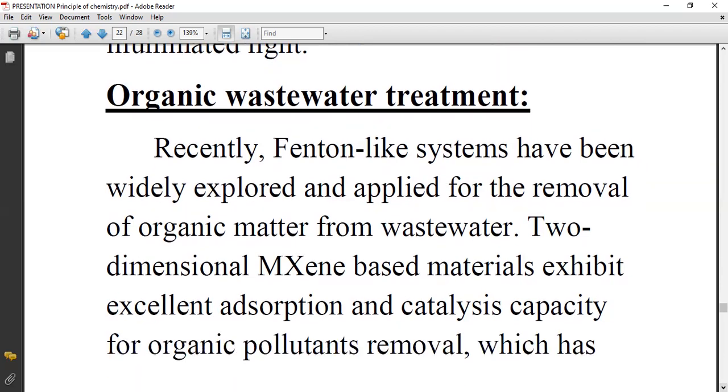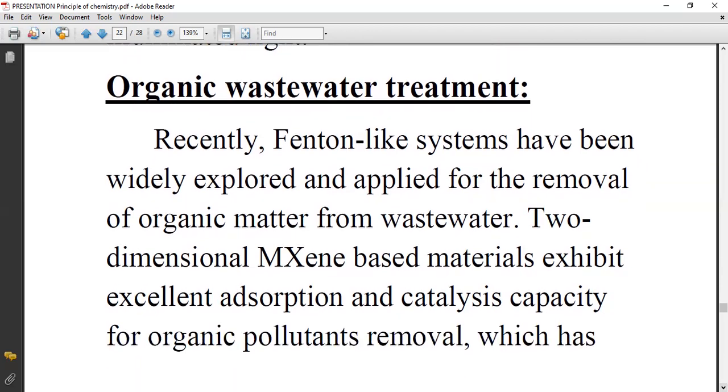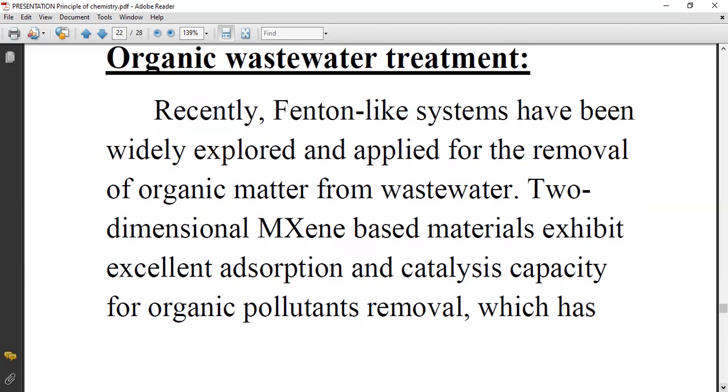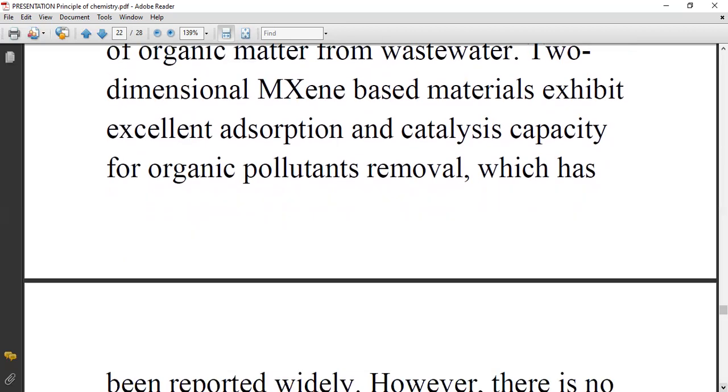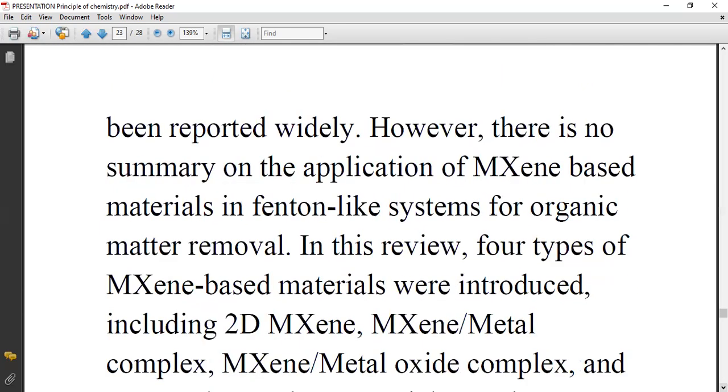Recently, Fenton-like systems have been widely explored and applied for the removal of organic matter from wastewater. Two-dimensional MXene-based materials exhibit excellent absorption and catalysis capacity for organic pollutants removal, which has been reported widely.